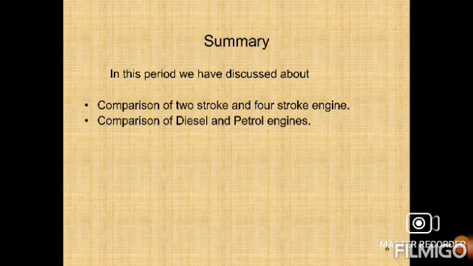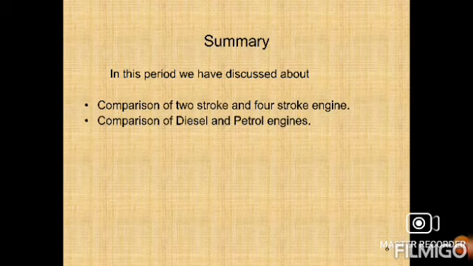Next, the compression ratio is about 10 to 1 in petrol engines, and high in diesel engines, ranging from 16 to 1 up to 22 to 1. Ignition in petrol engines (SI engines) takes place due to a spark and requires a spark plug and ignition system.